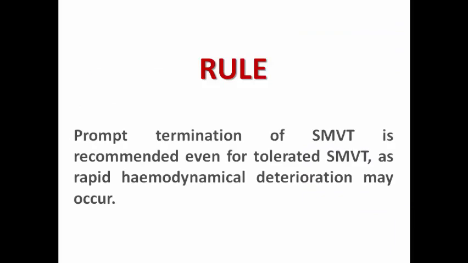Let's remind ourselves with an important rule: any patient with sustained monomorphic VT should promptly terminate it, even for hemodynamically tolerated VT, as rapid hemodynamic deterioration may occur, resulting in cardiogenic shock up to bradyasystole, or in some cases it may degenerate into VF.